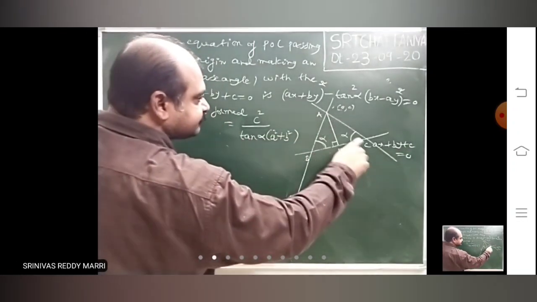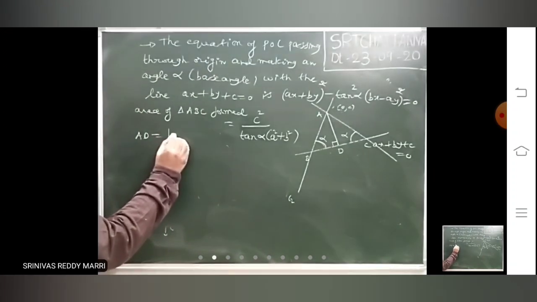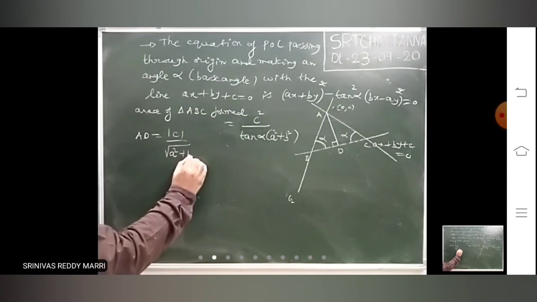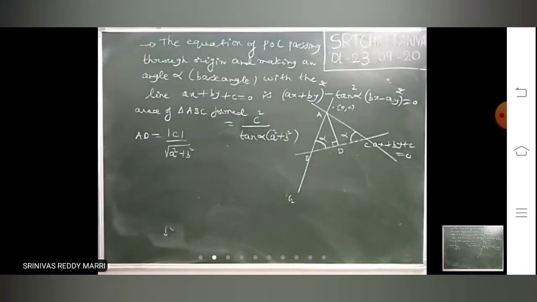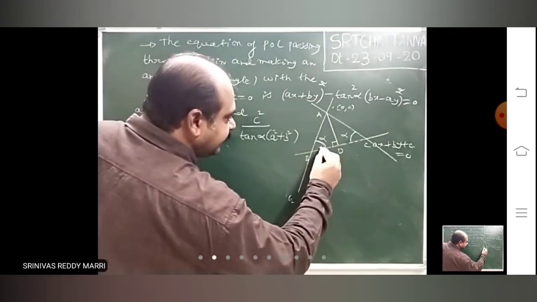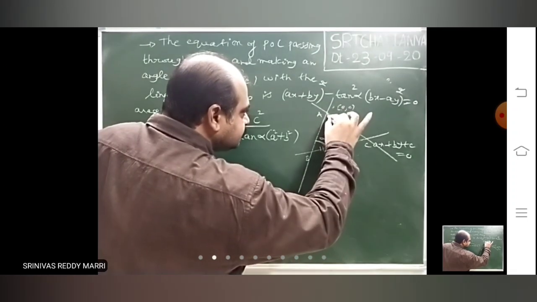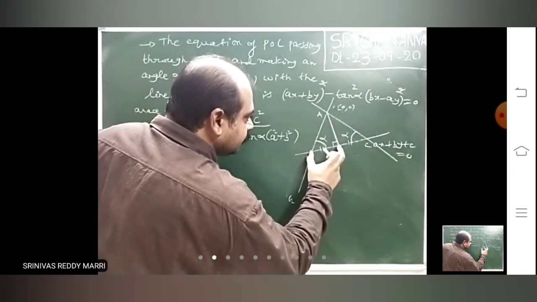What is the perpendicular distance? Modulus C divided by root of A square plus B square. So now I want to find BD, as this is the perpendicular bisector and also the median.